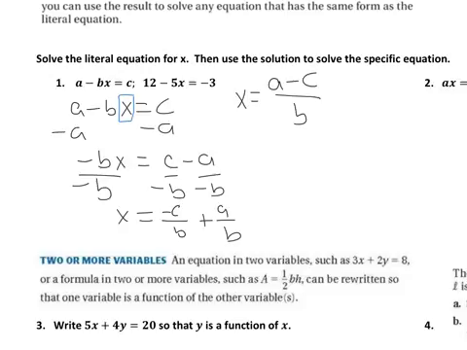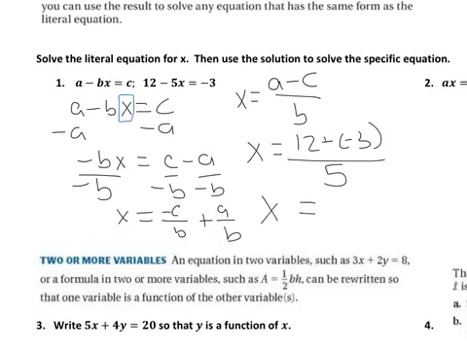So now what we need to do is plug in the numbers. So we have x equals, the a is 12, the c was negative 3, and the b is 5. So you get, change that to plus, that's 15 over 5, so x is 3. Okay, let's take a look at another example.